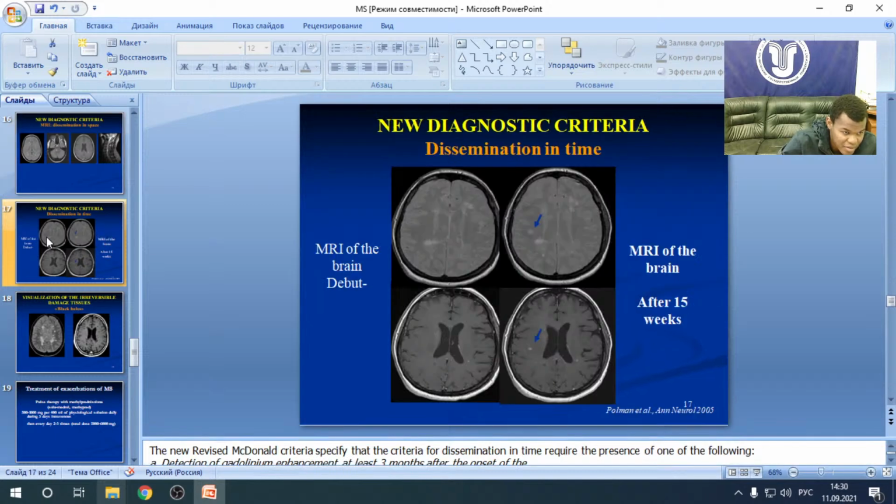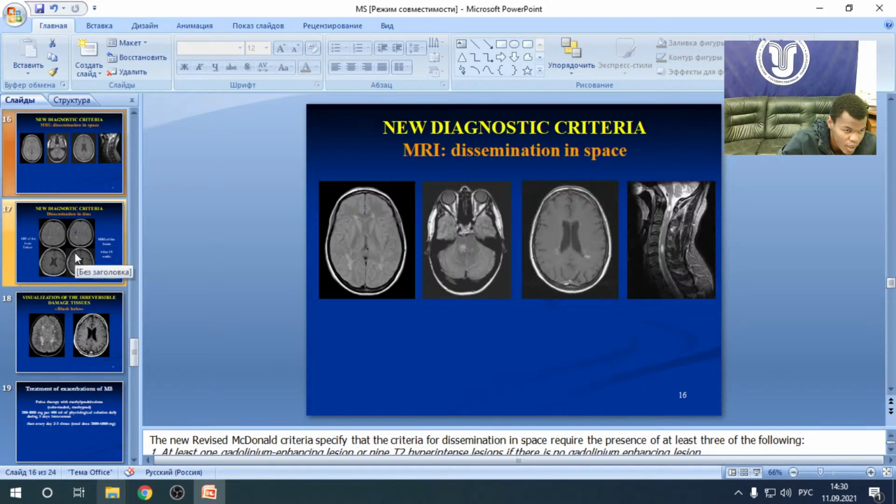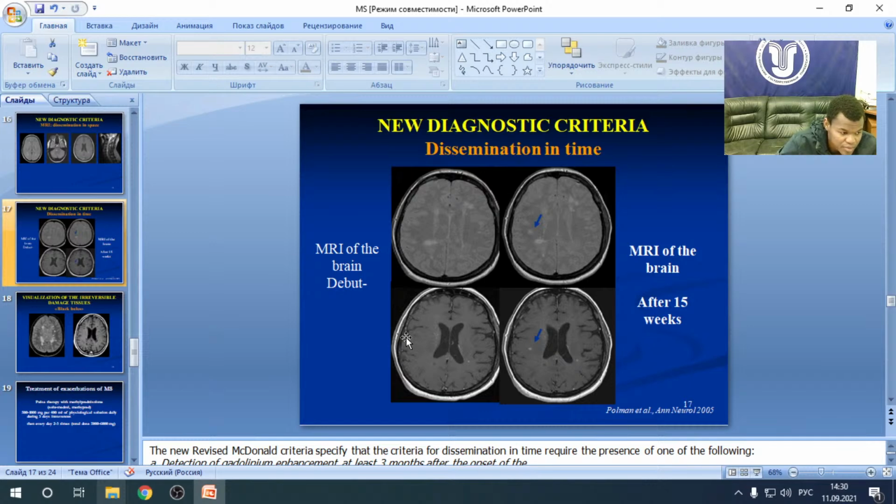And after 3 months, look at what's happening. When you see, there'll be an increase of the foci. You can see the foci can be increased.